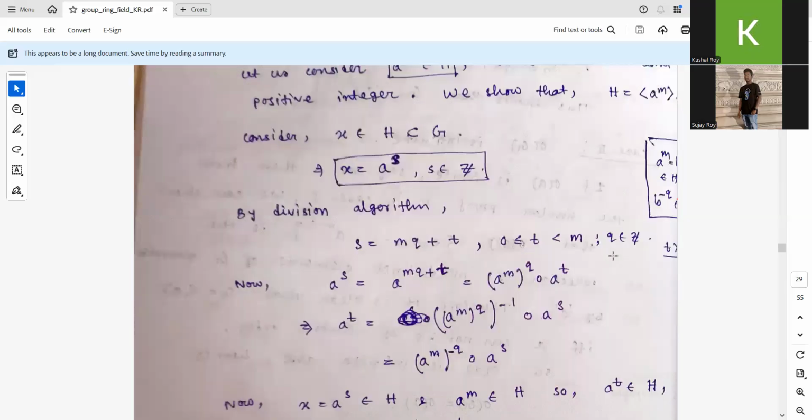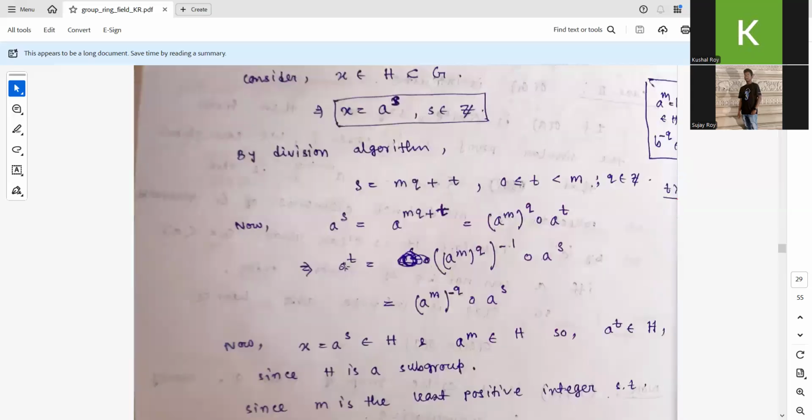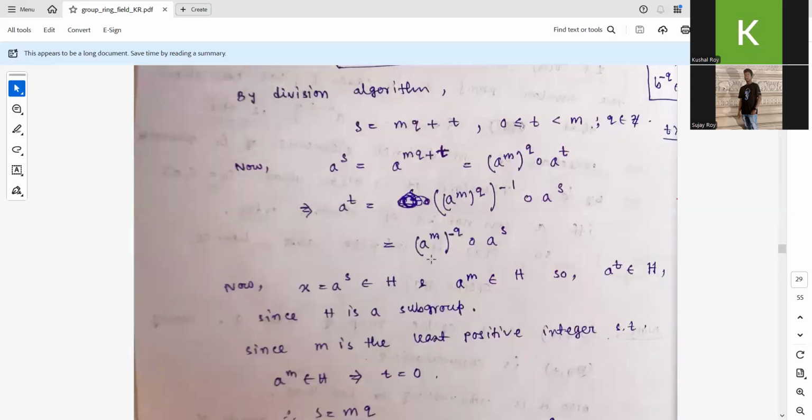Why? Because a to the power s is equal to (a to the power m) to the power q composition a to the power t. So if you take (a to the power m) to the power q on the left hand side, you can write it as (a to the power m) to the power minus q composition a to the power s.